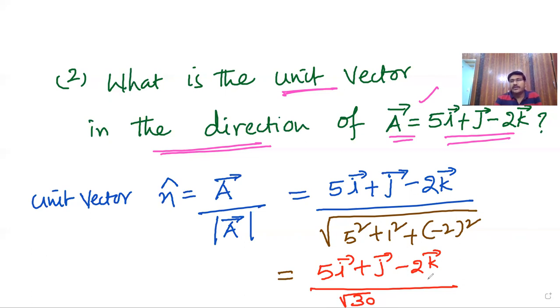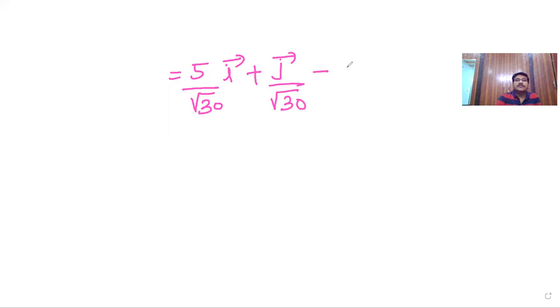If you want to simplify further and separate the denominator, you can write it as 5 by root 30 i bar plus 1 by root 30 j bar minus 2 by root 30 k bar. This is the unit vector.